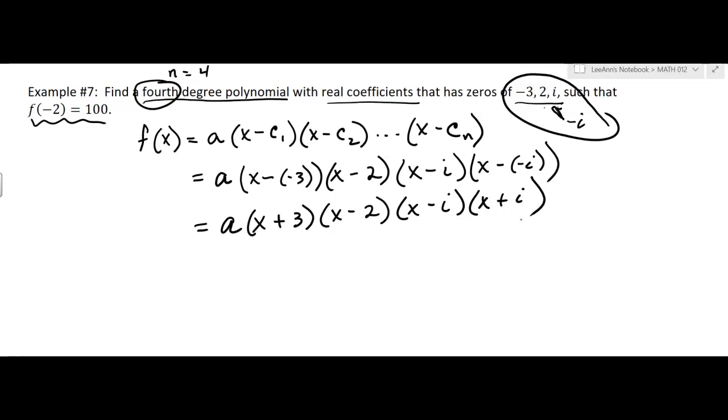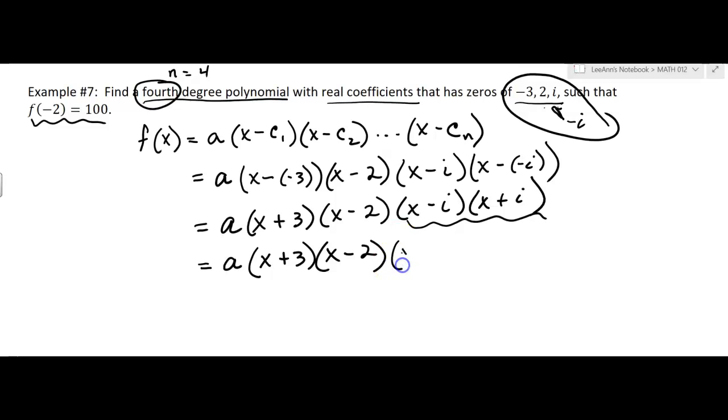Before I multiply it out, I'm going to multiply some stuff. Okay. So I've got a times x plus 3 times x minus 2. And I'm going to go ahead and multiply these last two, the ones with the i in it.